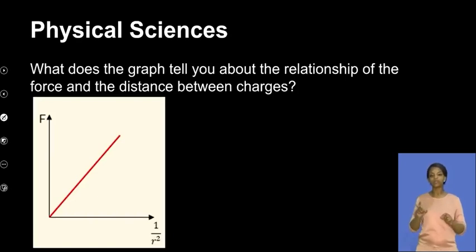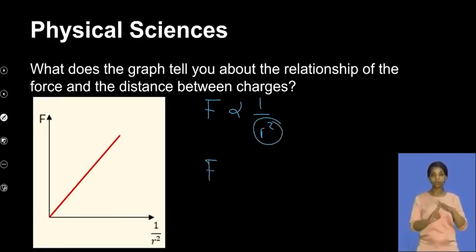Right. Now, here's something that is also very important. If we are saying that the electrostatic force is inversely proportional to the square of the distance, we are also saying that at the same time, the magnitude of the electrostatic force is directly proportional to the reciprocal of the square of the distance.